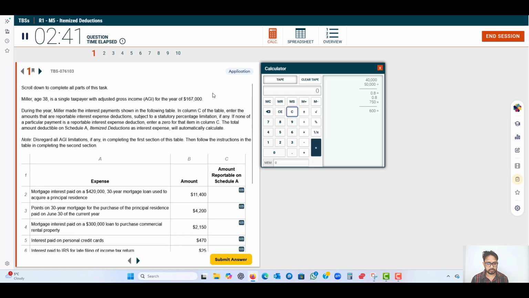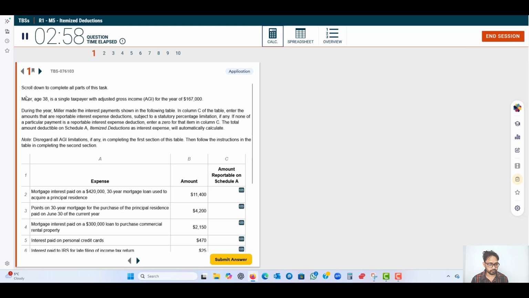Now we have a problem here. This is basically what amount we can deduct as the interest expense deduction on Schedule A. Okay, so let's solve this problem. Myler, age 38, is a single taxpayer with adjusted gross income for the year of 167,000.